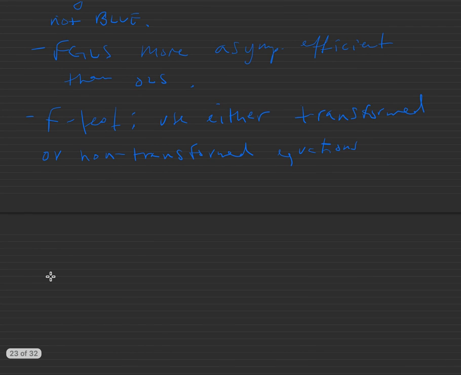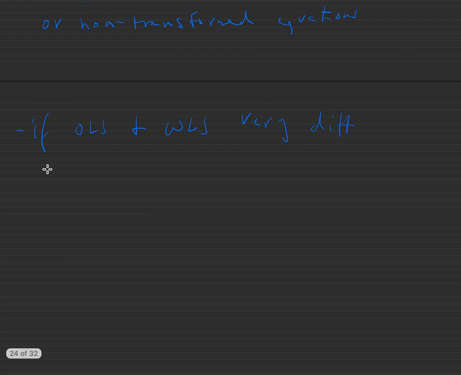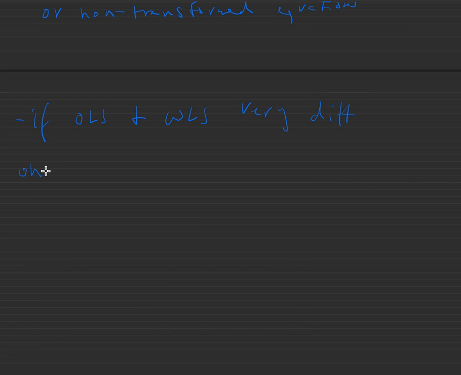Now, if the estimates from OLS and WLS are very different, it's likely that one of the multiple linear regression assumptions is violated.